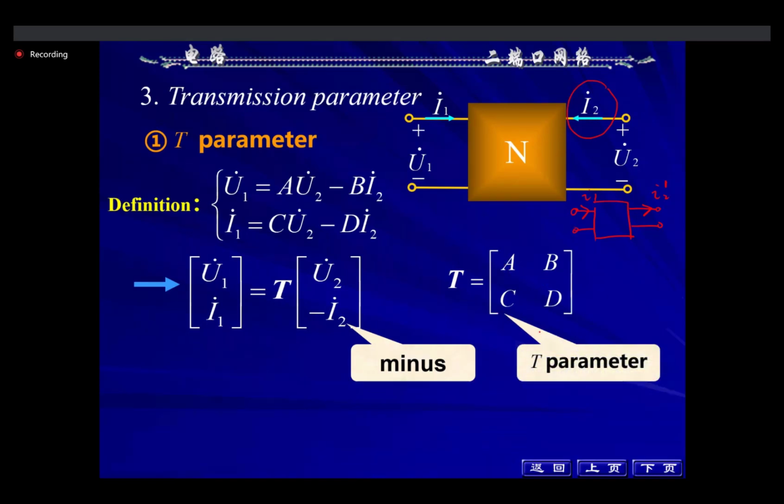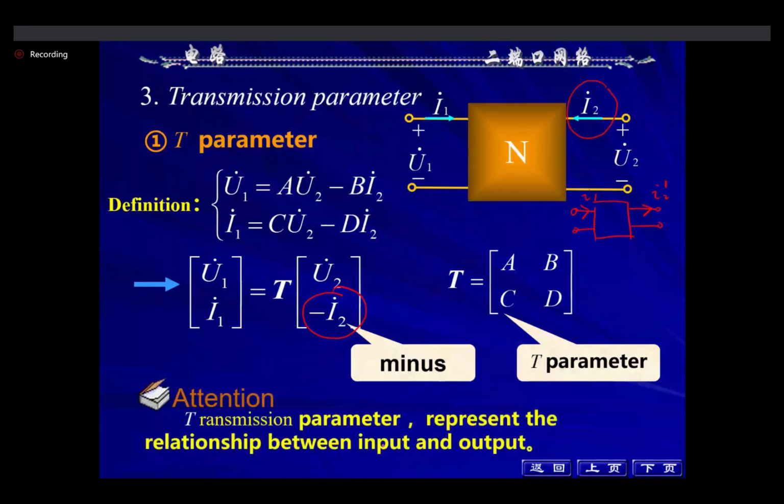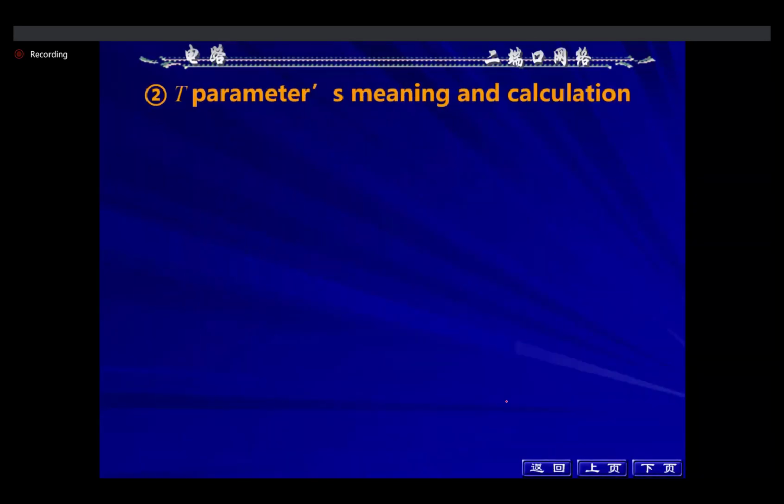We use A, B, C, D to express the T parameter. Pay attention, we don't use T11, T12. We use A, B, C, D, and this position has a minus. This T transmission parameter represents the relation between input and output. T parameters: meaning and calculation.